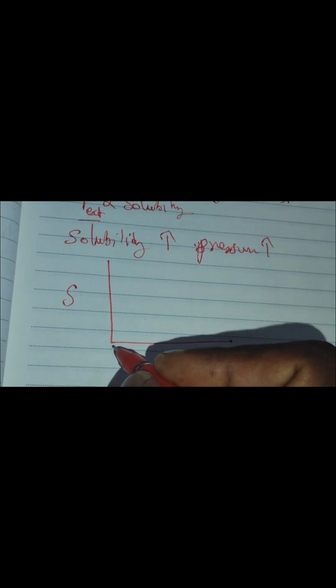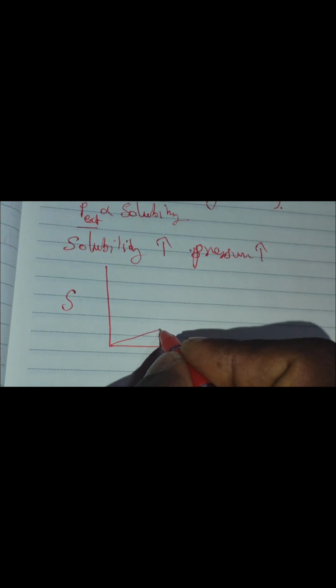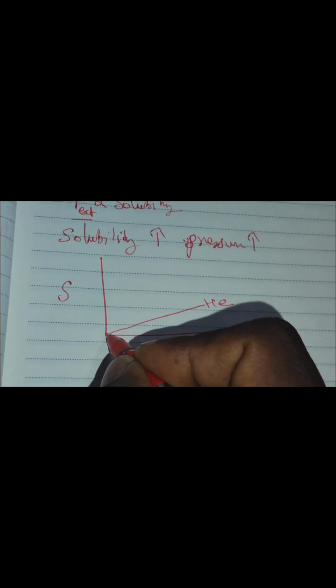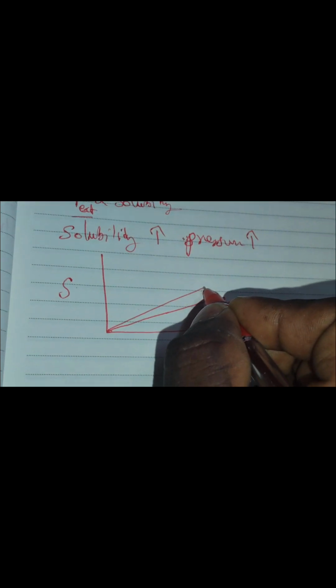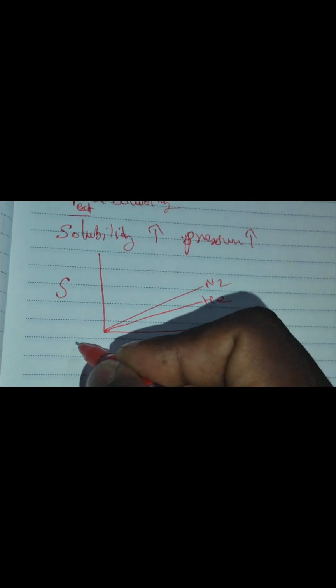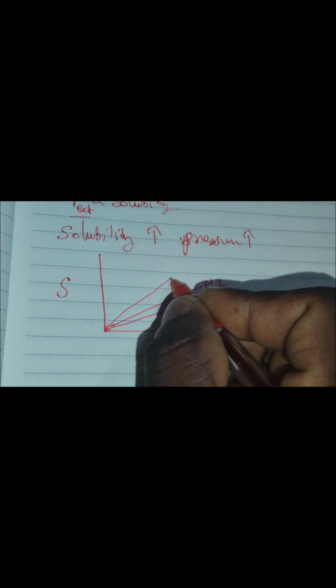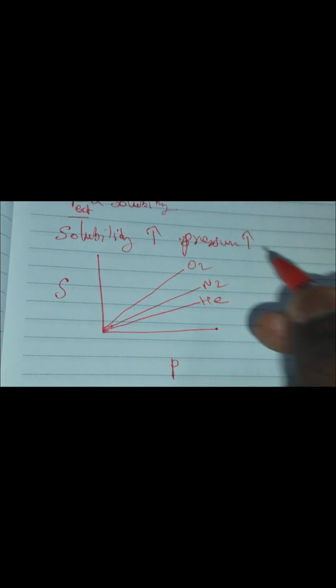A quantitative relation means the graph is given with solubility and pressure. For example, see this curve: this is helium gas, this is nitrogen gas, and this is O2 gas.